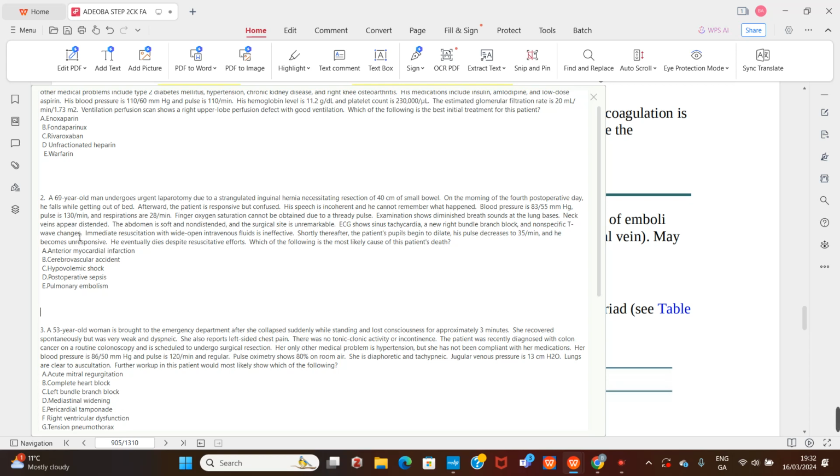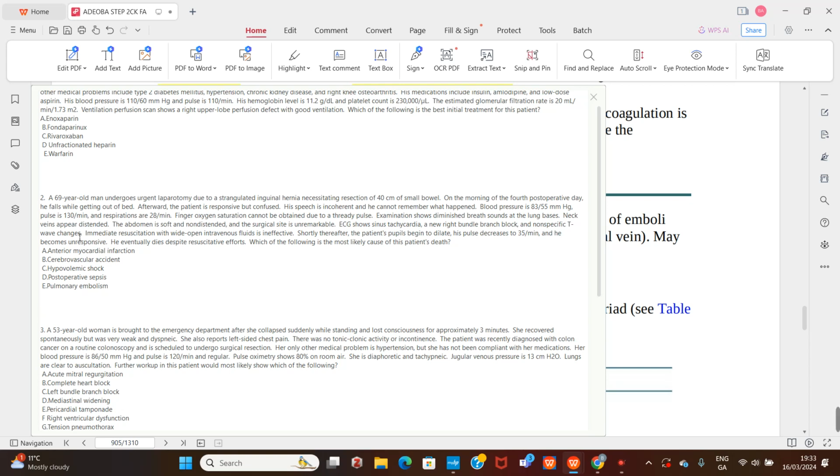His speech is incoherent and he cannot remember what happened. The BP is 83/55, pulse is 130, respiration 28. Finger oxygen saturation cannot be obtained due to thready pulse. Examination shows diminished breath sounds at the lung bases. The neck veins appear distended.